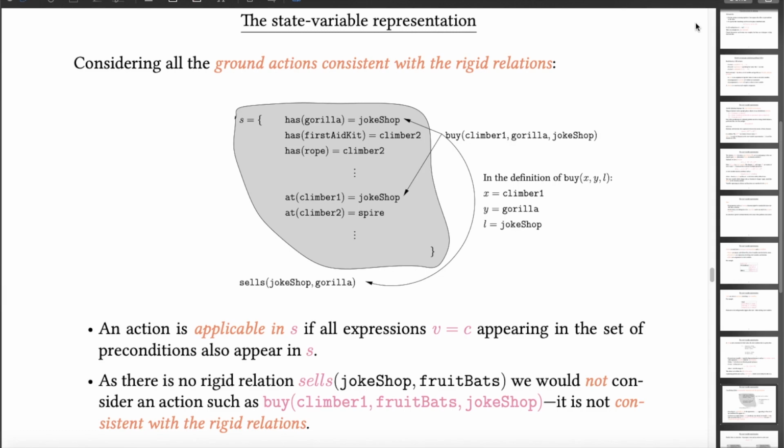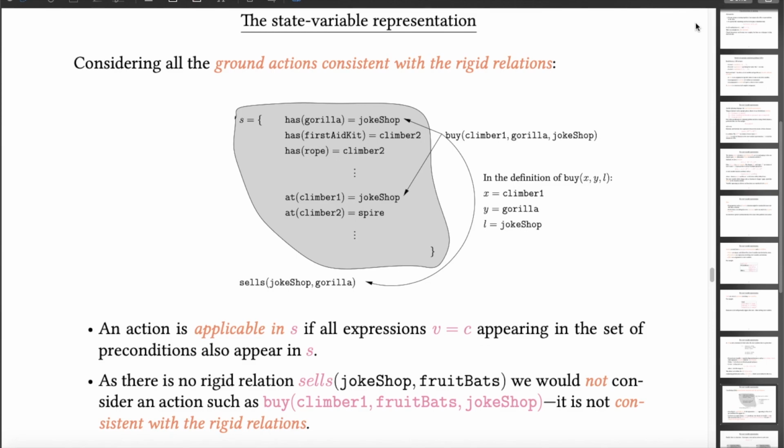Now, if you look back a couple of slides, you will find that in the definition of buy x y l, if I plug in x equals climber 1, y equals gorilla, and l equals joke shop, that the three preconditions become has gorilla equals joke shop, and climber 1 equals joke shop, sells joke shop gorilla. And so I can actually apply that action in this state because all the preconditions are achieved.